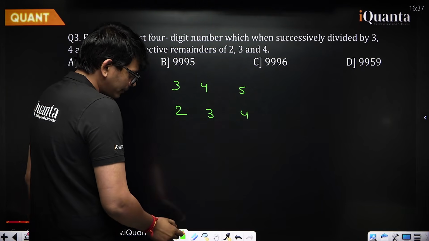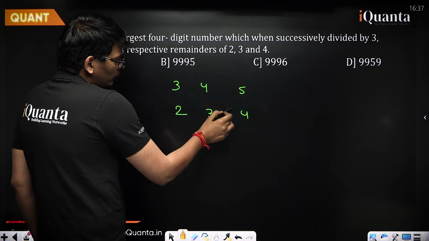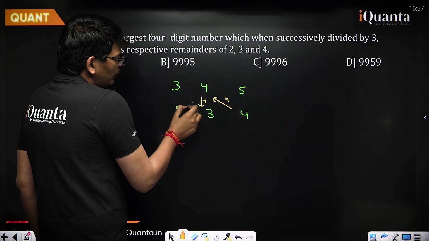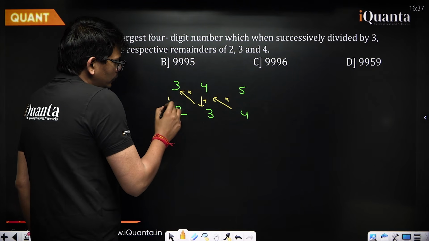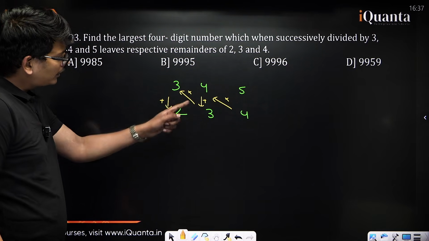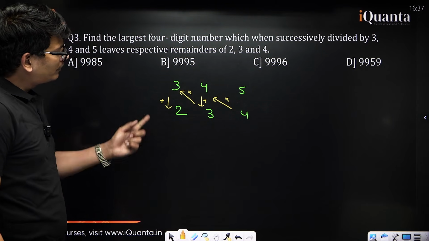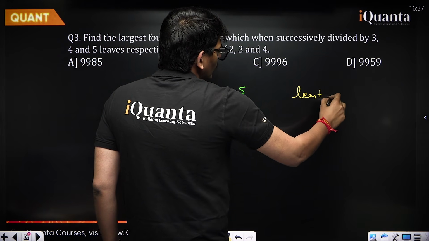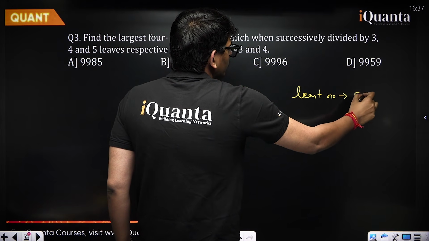These are my respective remainders. So 4 into 4, 16 plus 3, 19 into 3, 57 plus 2, 59. So the least number will be 59.